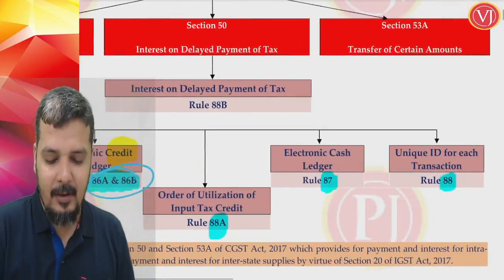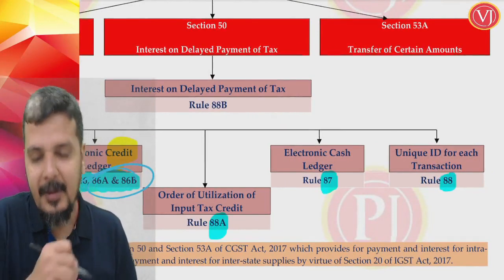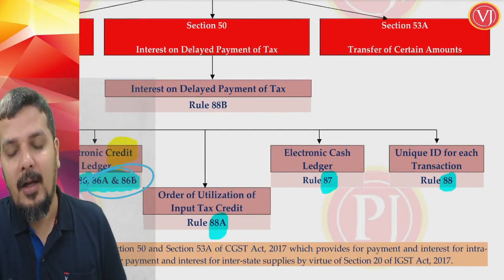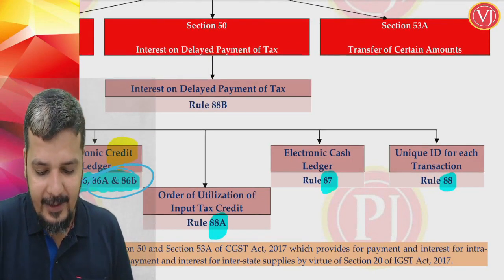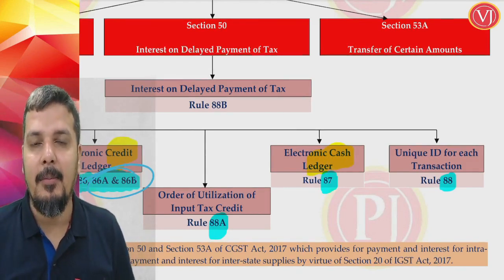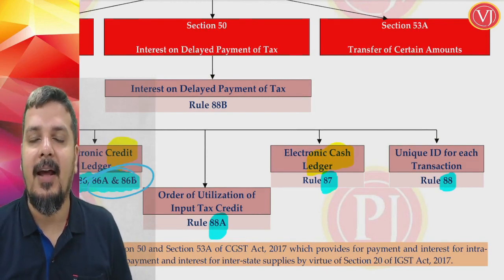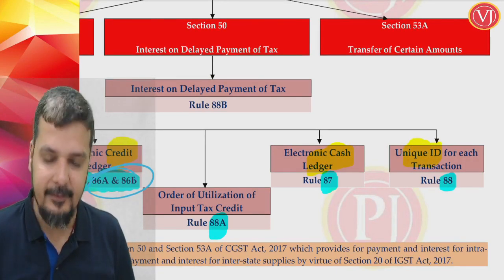Then you have final payment, which you will be paying with the help of your electronic cash ledger. And every transaction hitting these three ledgers, sitting in the portal, will have a unique identification number for that particular transaction, that is rule 88.